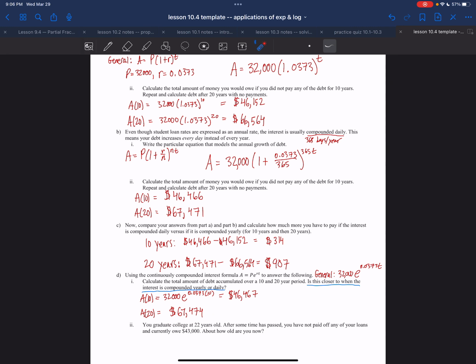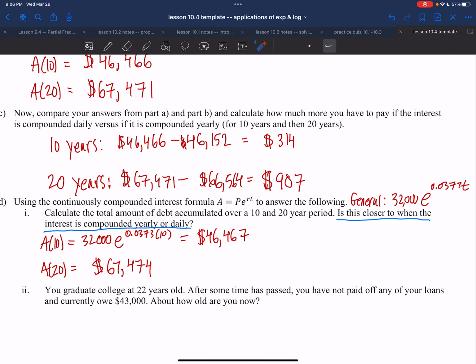Similarly, this amount's only off by $1, one single U.S. dollar, one George Washington, right? Whereas this and this are still roughly $300 apart. So what is it closer to?